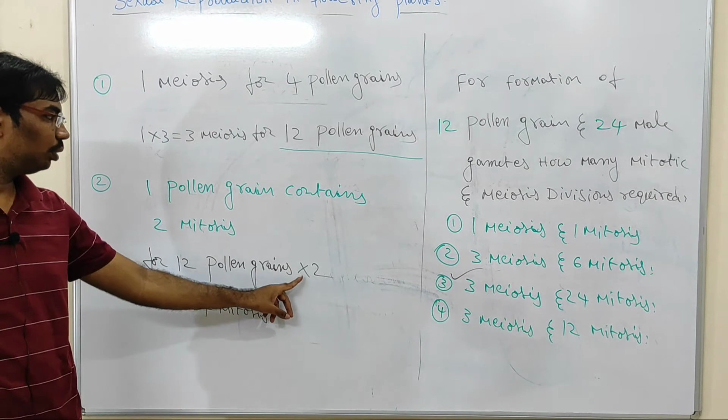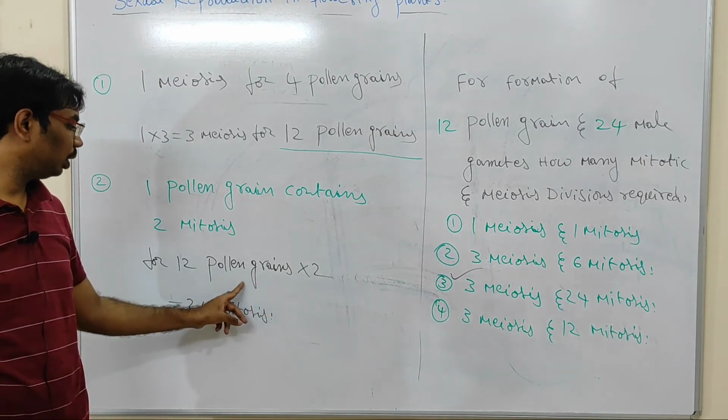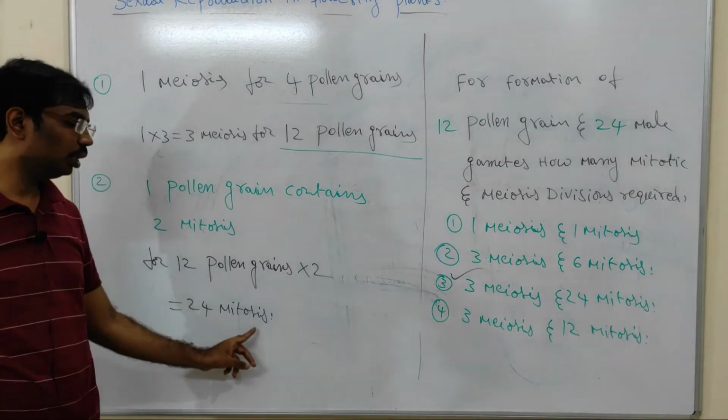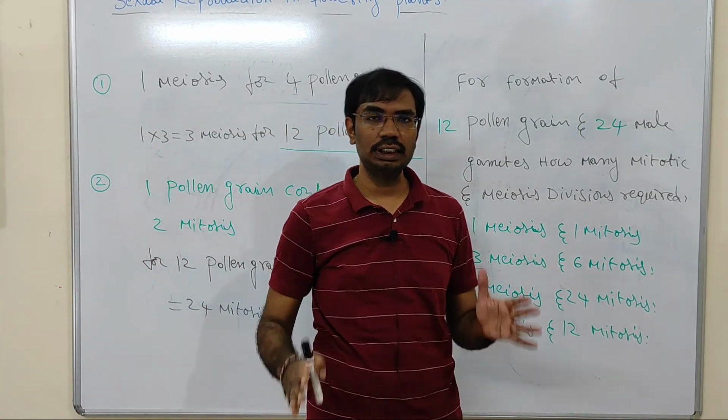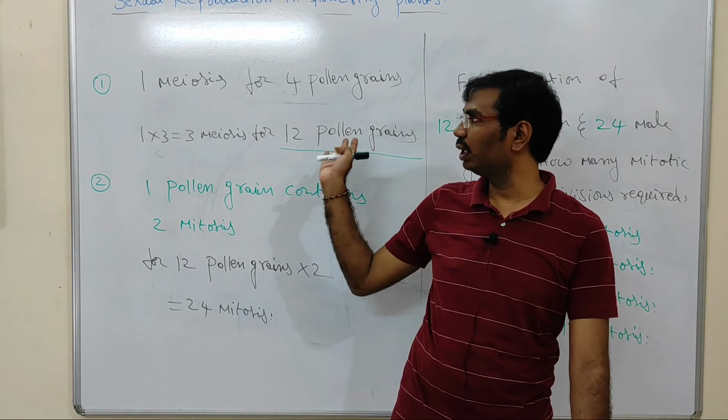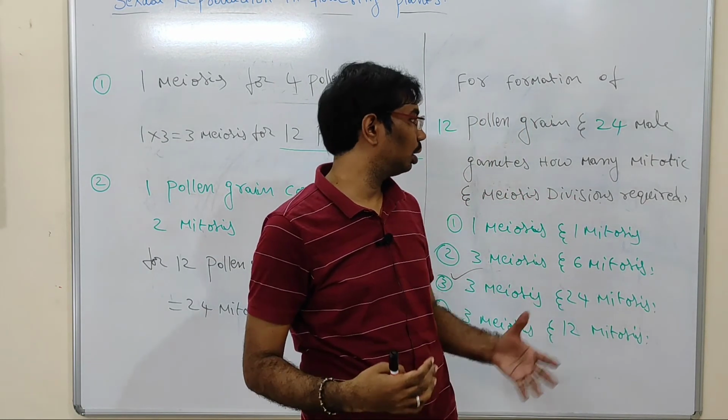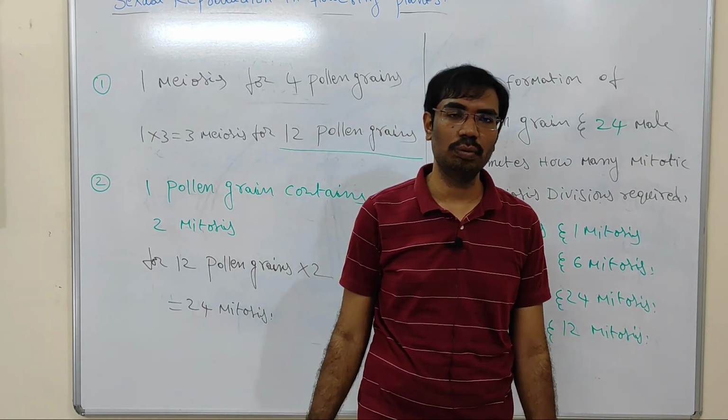For 1 pollen grain, 2 mitoses; for 12 pollen grains, 12 into 2. So totally 24 mitotic divisions are required. So this is about gametophyte development and some calculations about gametophyte development.